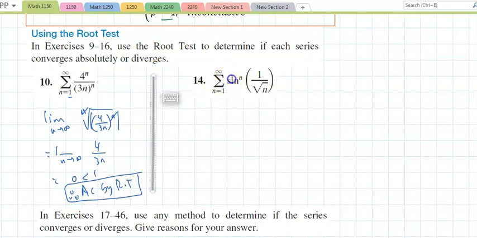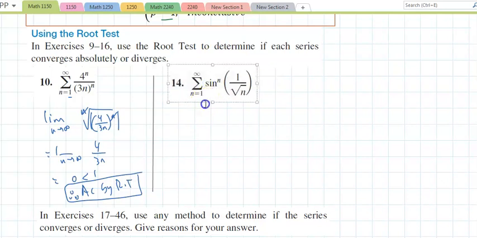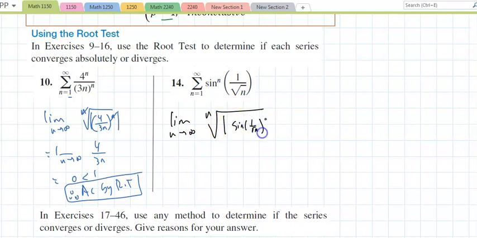And I'm glancing at this problem, and again, I could think of it as the whole thing raised to the n power, so I could take the limit as n approaches infinity of the nth root of the absolute value of the sine of 1 over radical n, to the n. Those cancel out.